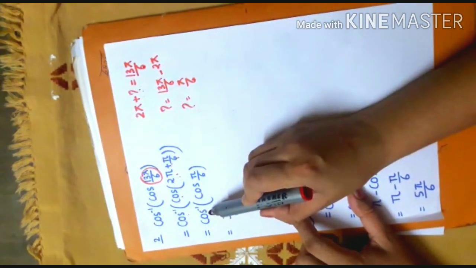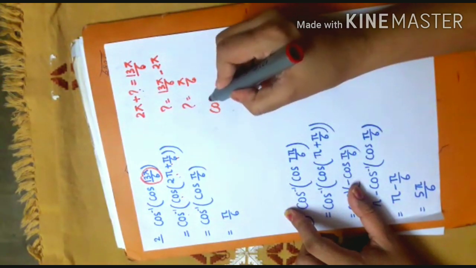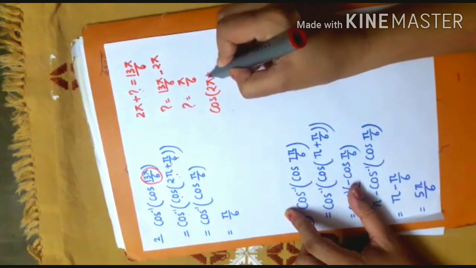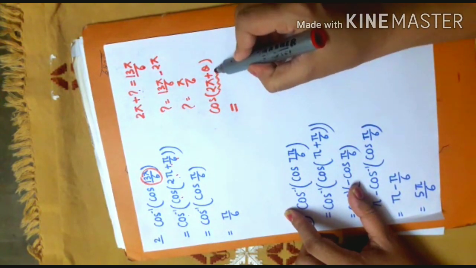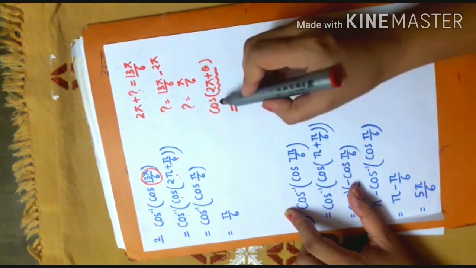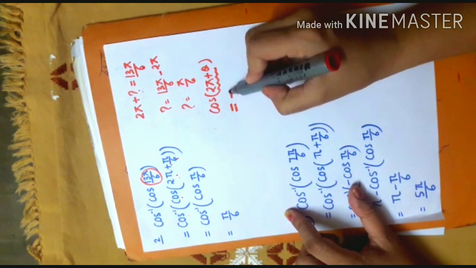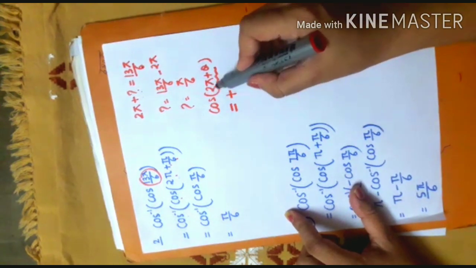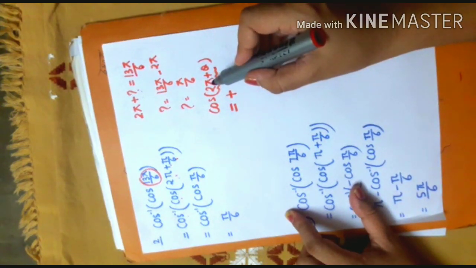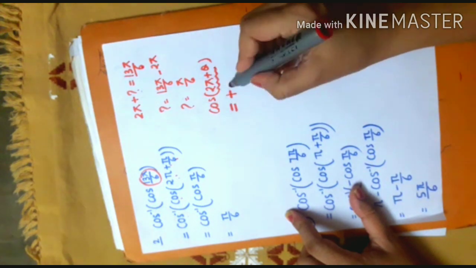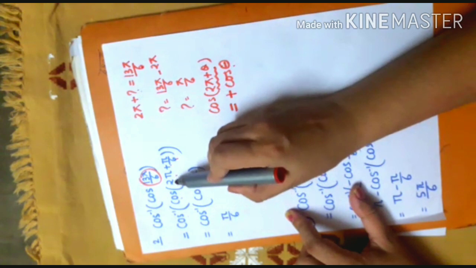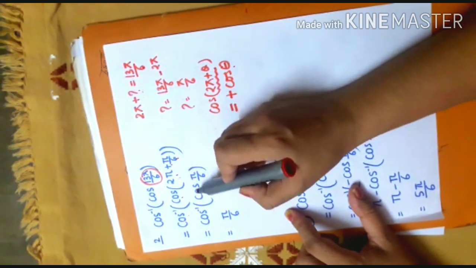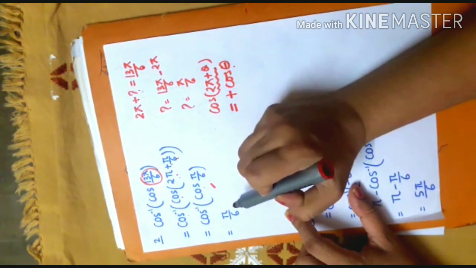Now we know that cos of 2 pi plus theta, this angle will lie in the first quadrant, and in the first quadrant cos is positive, and because 2 pi is an even multiple of pi by 2, the T ratio will not change, so it will be cos theta. So cos of 2 pi plus pi by 6 will be equal to cos pi by 6.